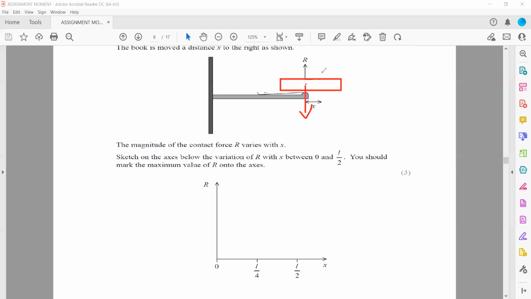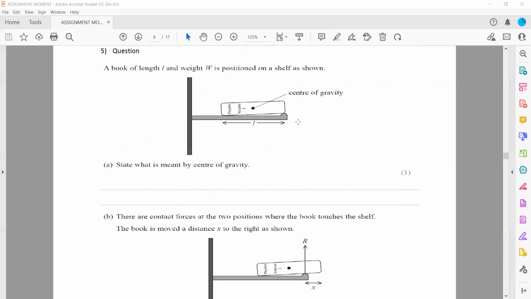When we move L by 2, because the total length of the book is L, the center of gravity moves L by 2, and the book is now at this position. We move a distance L by 2. That's the maximum distance we move.